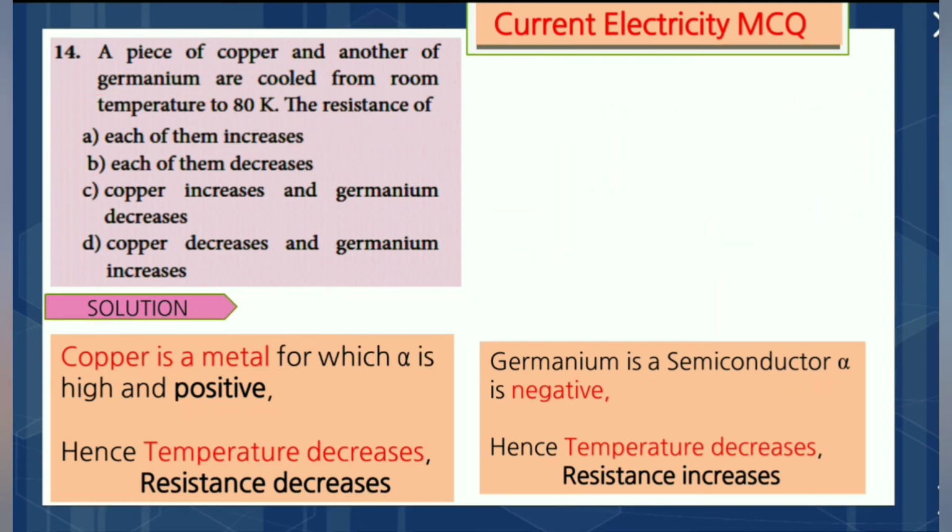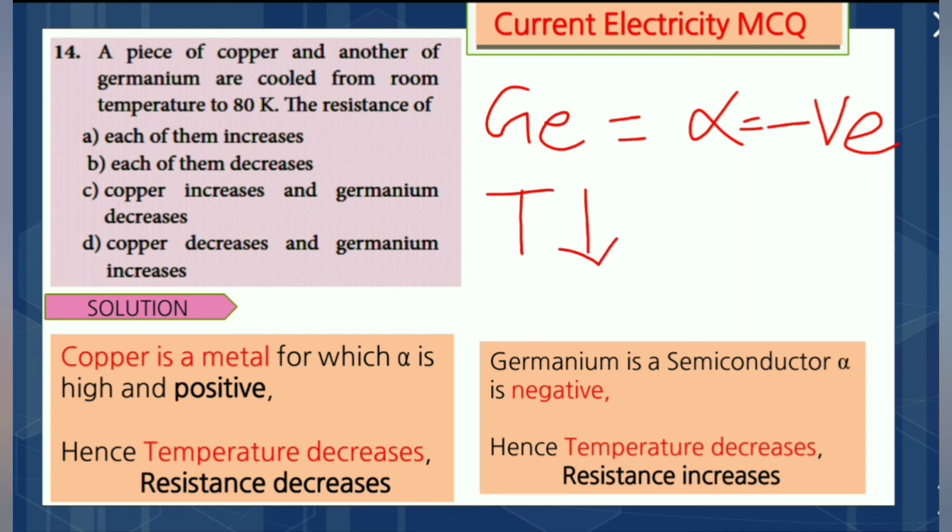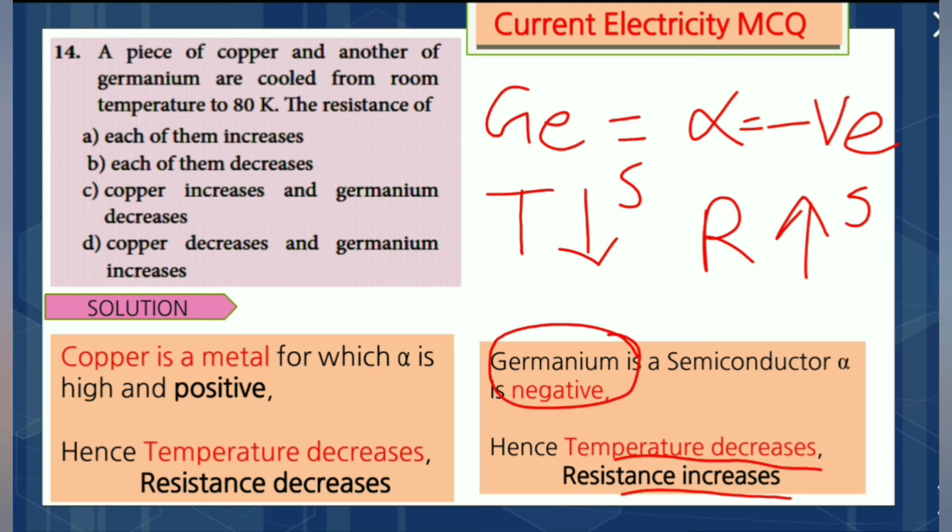But for a semiconductor like germanium, the value of alpha is negative. So for a negative temperature coefficient of resistance, when the temperature decreases, resistance increases. So simply say that for germanium, resistance increases.